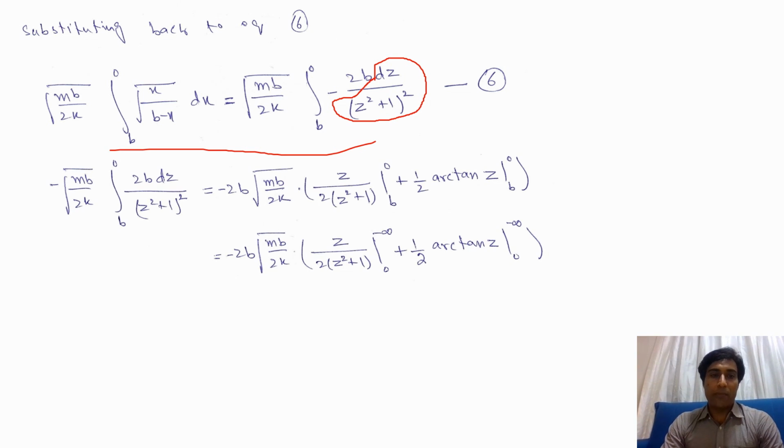So finally we will get minus square root of mb over 2k into integral of 2b dz over z square plus 1 whole square, equal to minus 2b square root of mb over 2k into z over 2 into z square plus 1 with boundary conditions plus 1 over 2 arc tangent z from b to 0. So this is the simplified term.